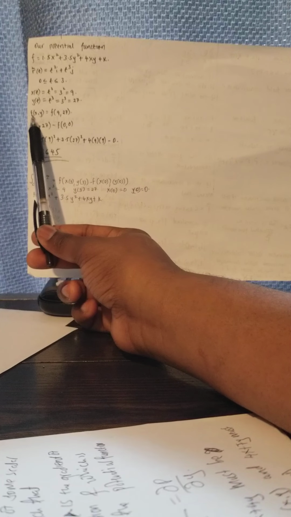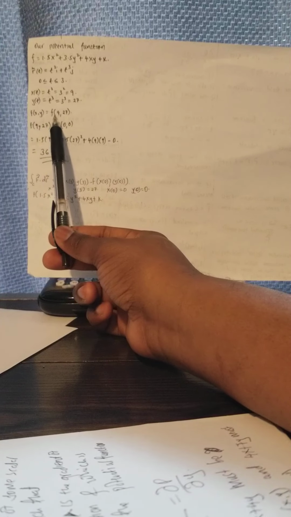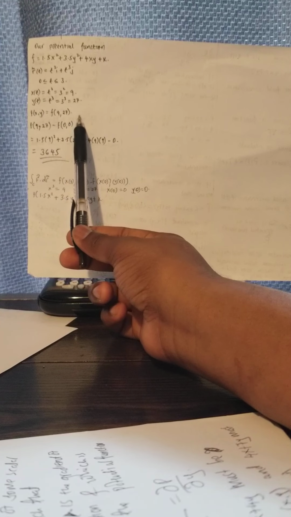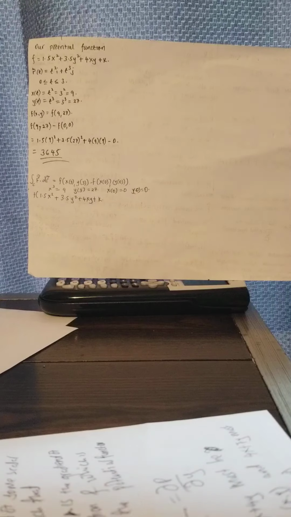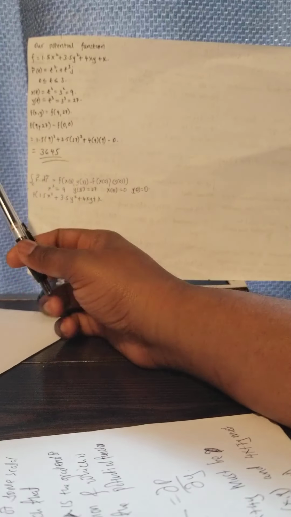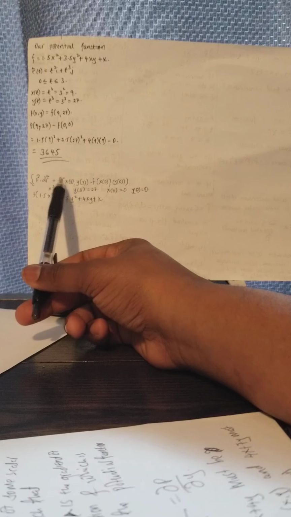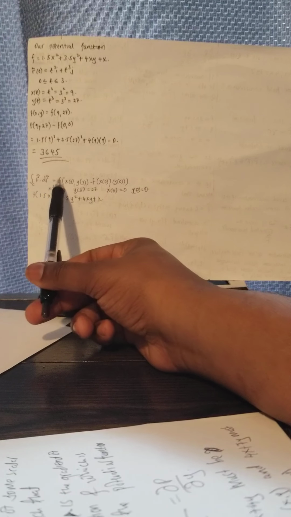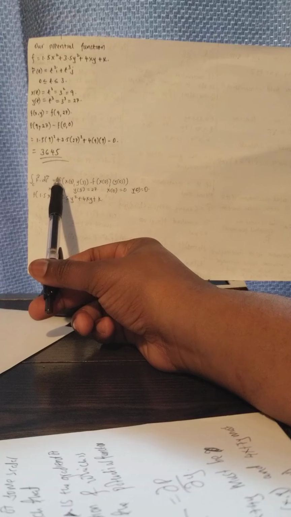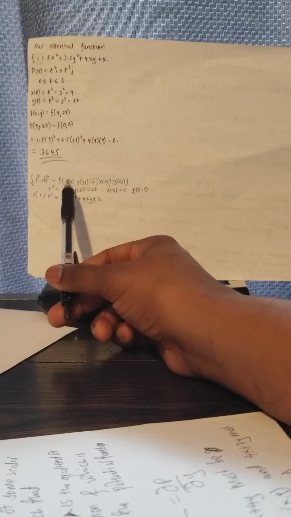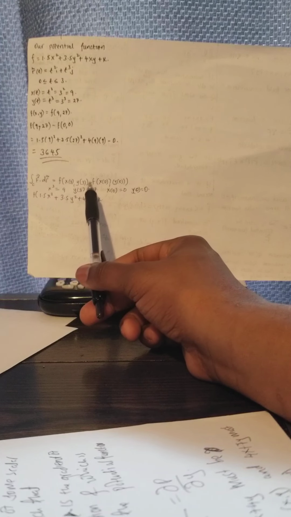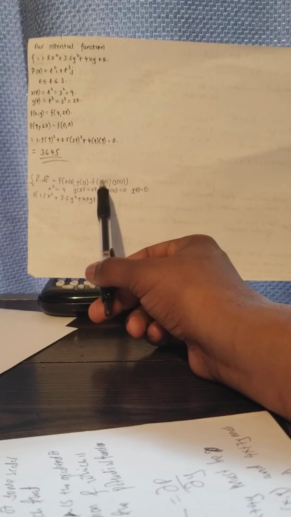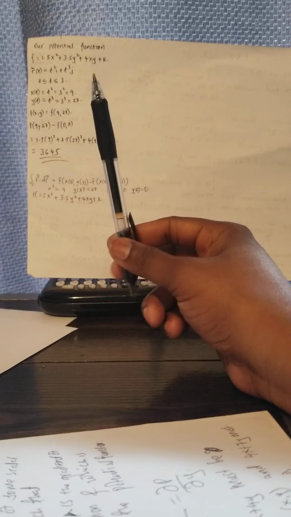And then f of x, y is also f of 0, 0, which is our a values. So we are taking the b values minus the a values according to the fundamental theorem of calculus right here. You can see that it is the potential function f at x of 3, y of 3, minus the potential function f at x of 0, y of 0.